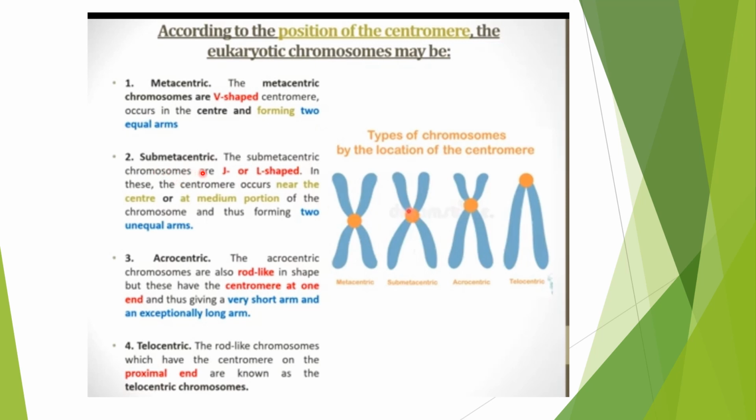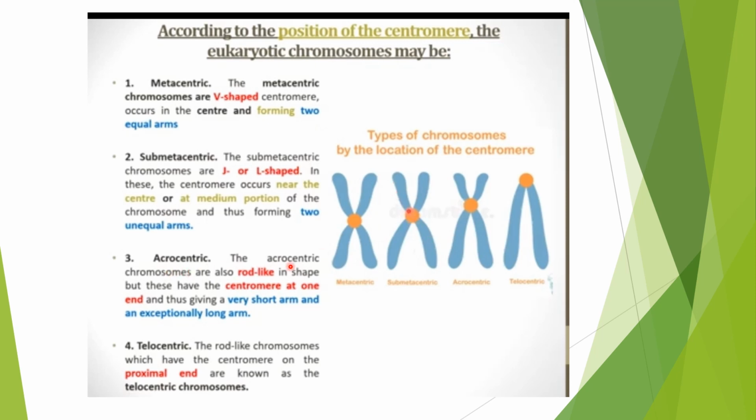The second is submetacentric. The submetacentric chromosomes are J-shaped or L-shaped. In these, the centromere occurs near the center, forming two unequal arms. This second chromosome shown here is submetacentric.